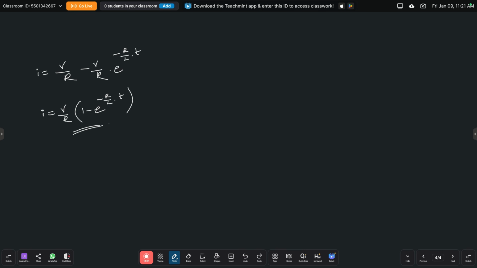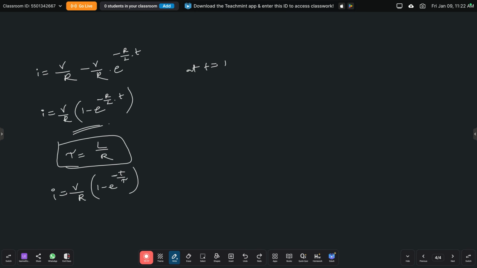Suppose we simplify further, so here we take tau. Tau is nothing but L by R. By substituting this, we can write this equation as I is equal to V by R into 1 minus e power minus t by tau. We can also simplify by taking different values of tau. Suppose we take t equal to tau.